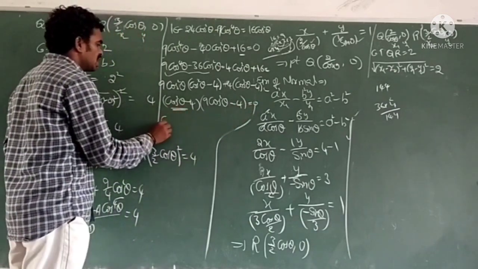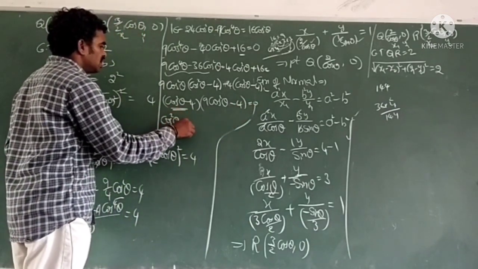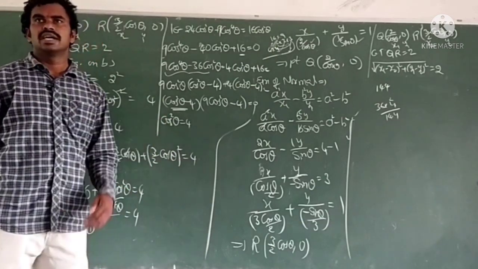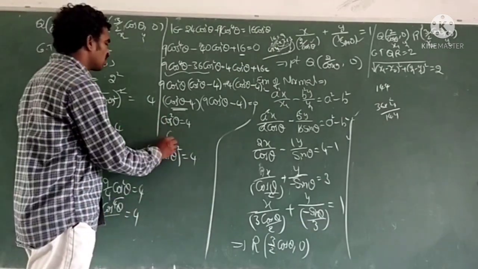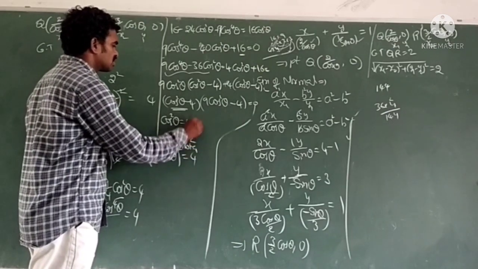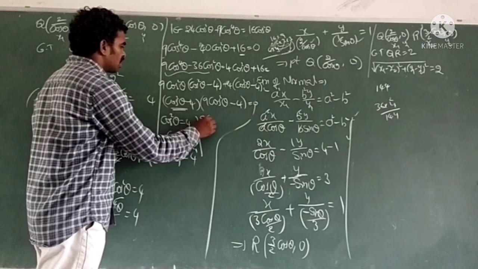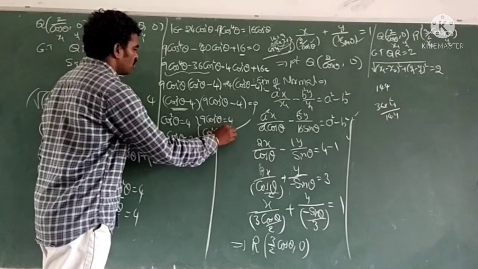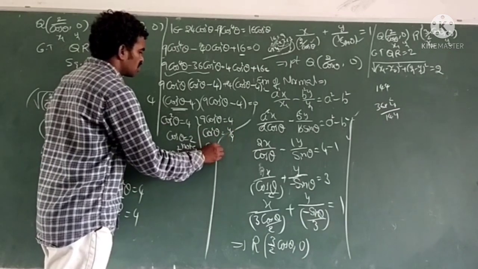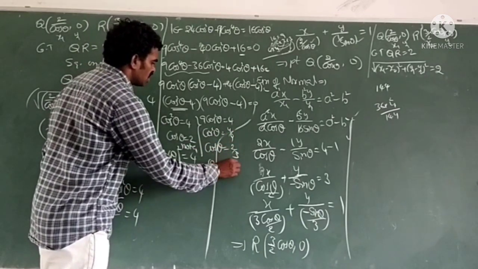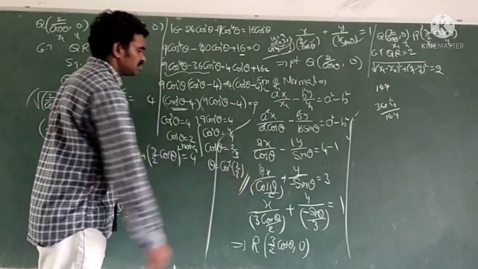So cos square theta equals 4. Does it exist? No, because cos value is always at most 1, but here the value is more than 1, so it does not exist. The second one is 9 cos square theta equals 4, so cos square theta equals 4 by 9, so cos theta equals 2 by 3, then theta equals cos inverse 2 by 3. That is the answer.